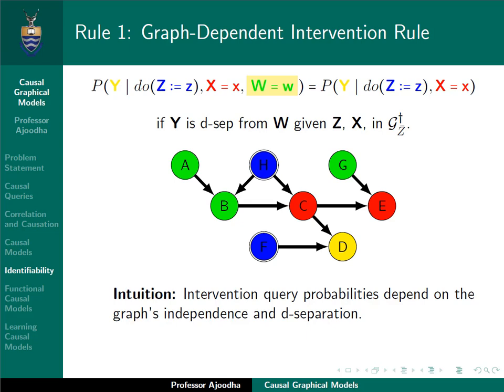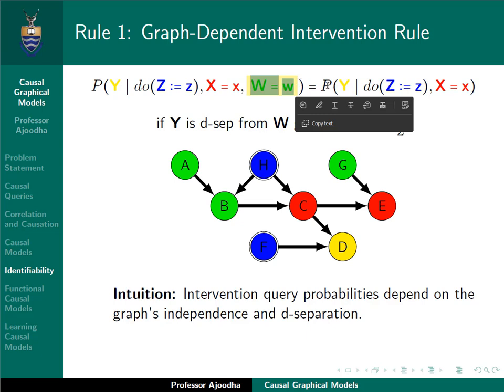All this one says is that under certain d-separation conditions, we can remove the observed variable W from the query, and we get this. So we end up with the probability of Y given the intervention variables, some evidence, and another set of evidence.